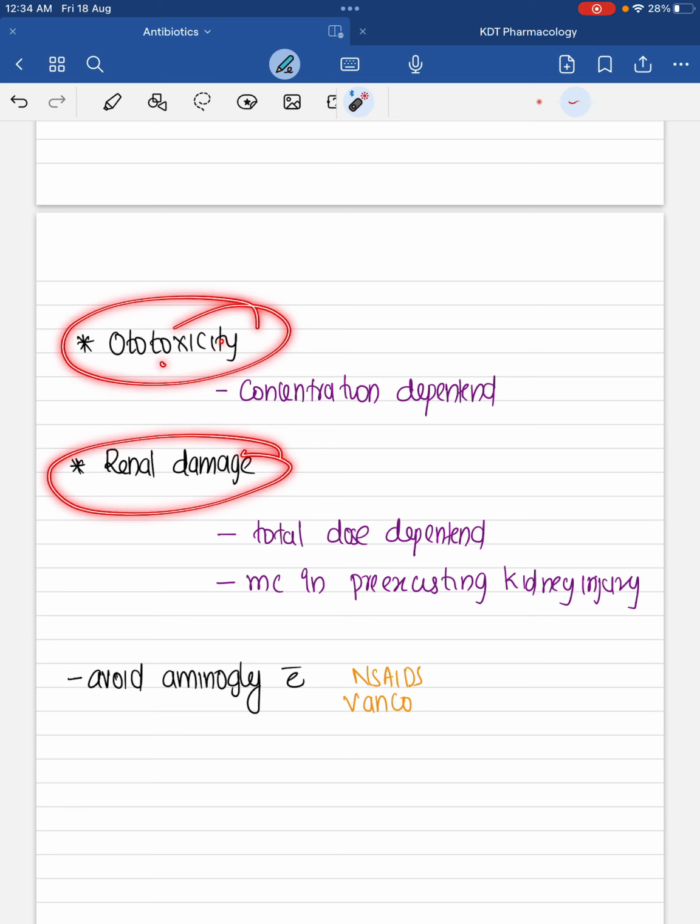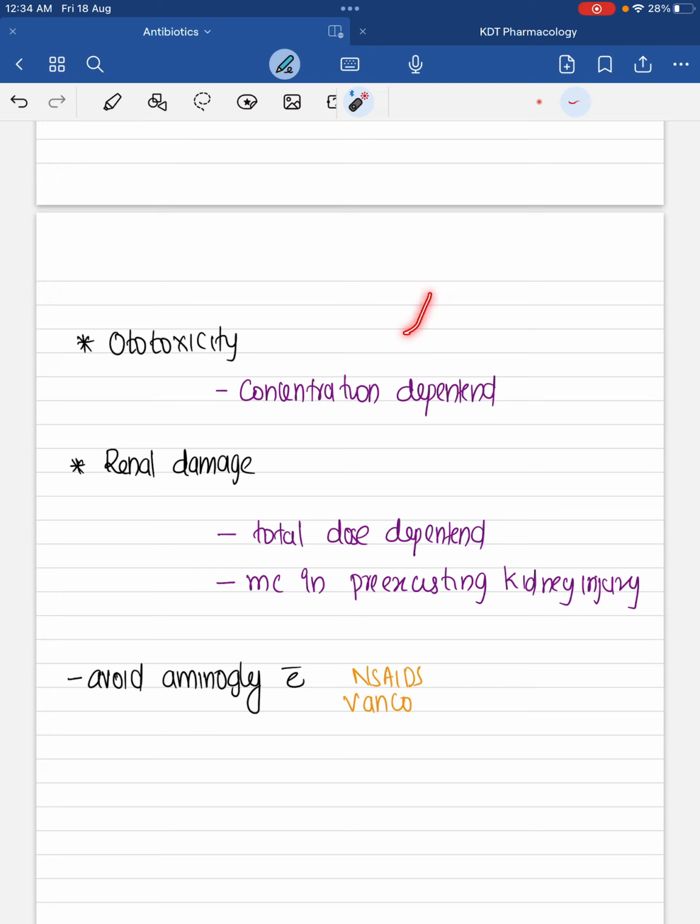Okay. Now the two main problems with this group of antibiotics are ototoxicity and renal damage. The peculiarity of ototoxicity is that it is concentration dependent, which means when it crosses a particular concentration, only then will it cause the ototoxic effect.